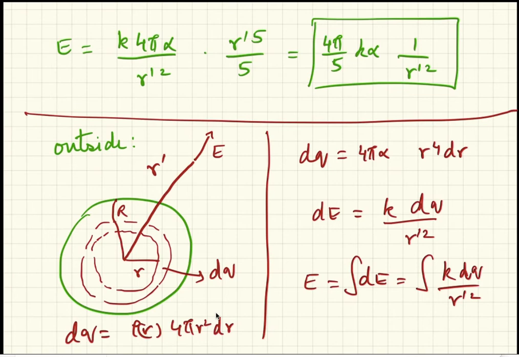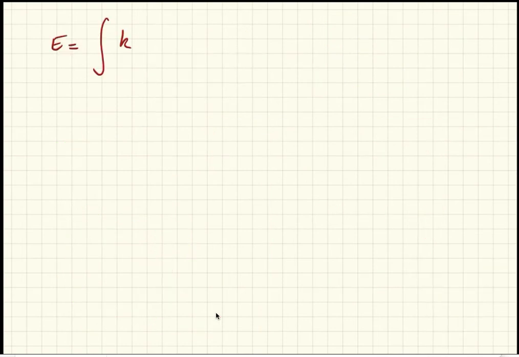What is dq? 4 pi alpha r to the power 4, divided by r prime squared. And the integration is over r, and r goes from 0 to capital R.